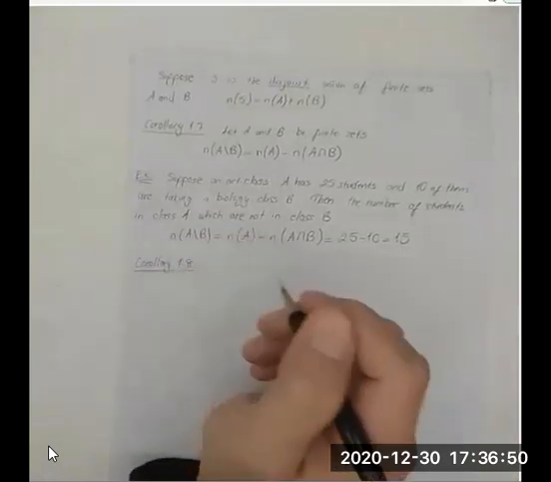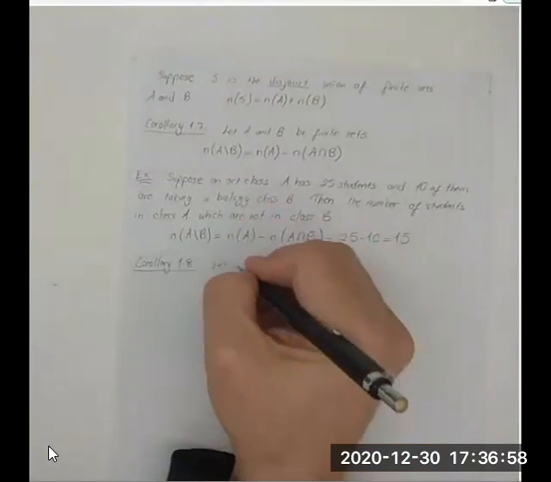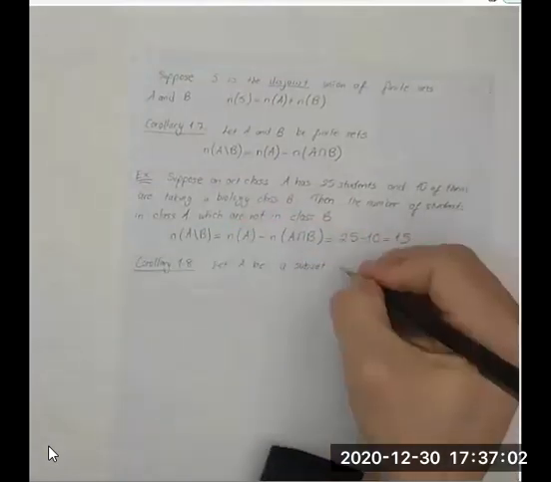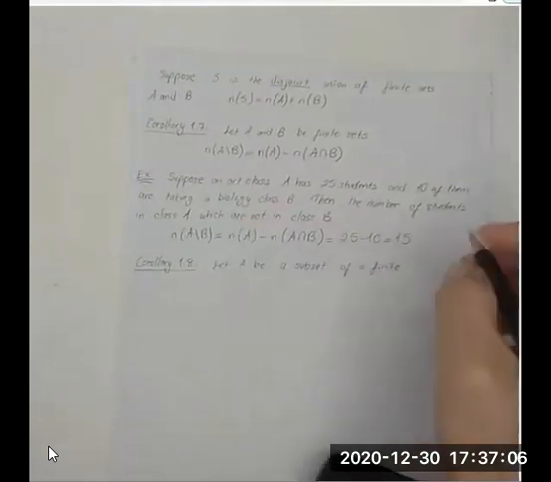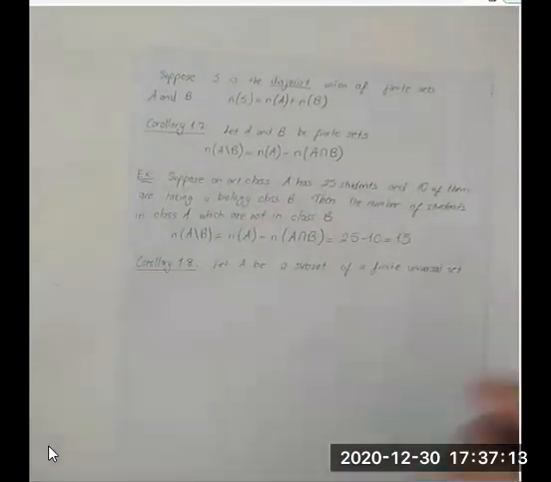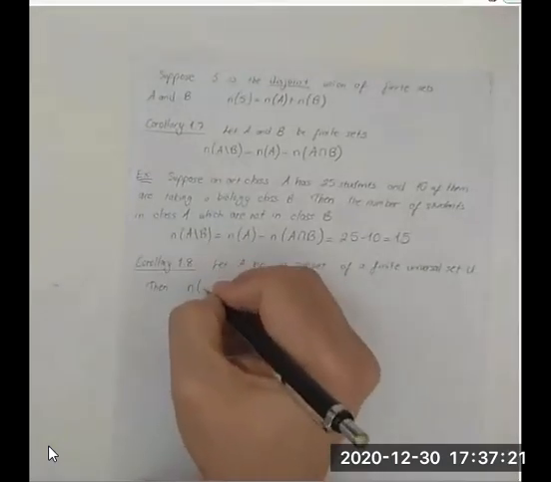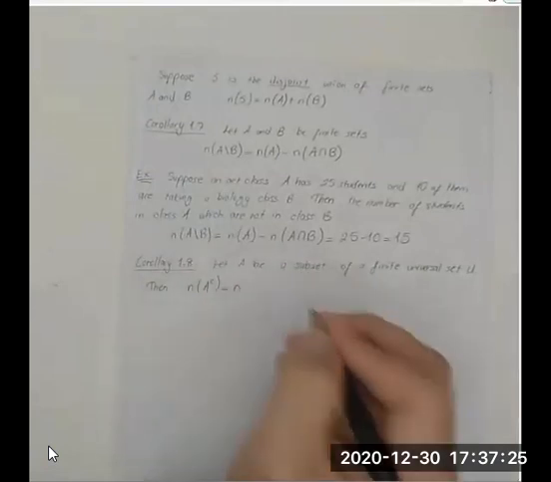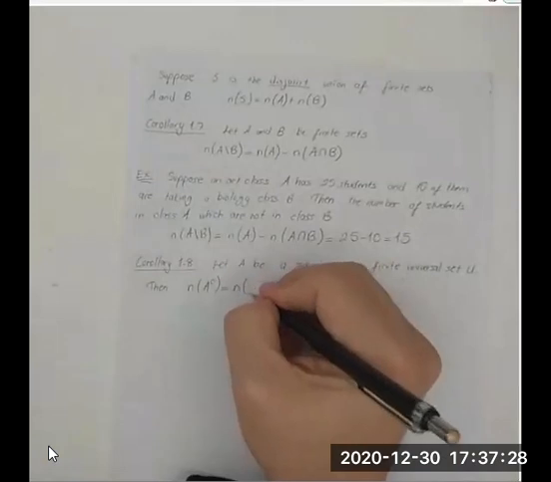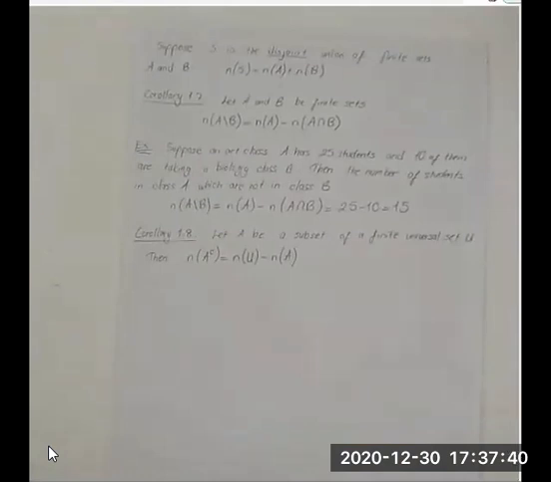Let A be a subset of a finite universal set U. Then this is really important: the number of A complement is equal to the number of the universal set minus the number of A. Do we need any example? No, this is really easy and clear.